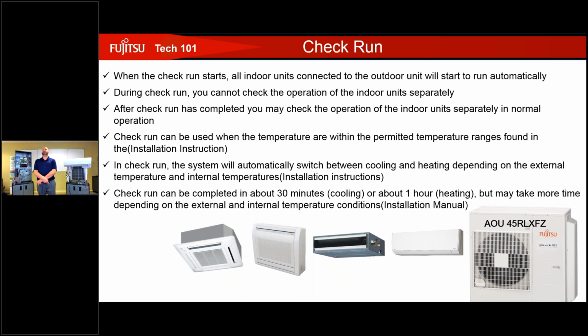Check run can be used when the temperature is within Fujitsu parameters. So obviously it's not going to operate these systems in cooling under 14 degrees and in heating over 75 degrees. The check run can be completed in about 30 minutes for cooling and about an hour for heating. Once again, not mandatory, but recommended to do so.